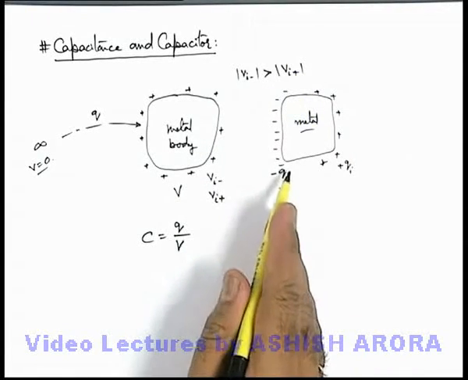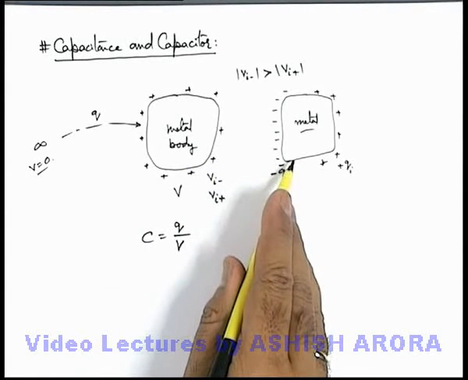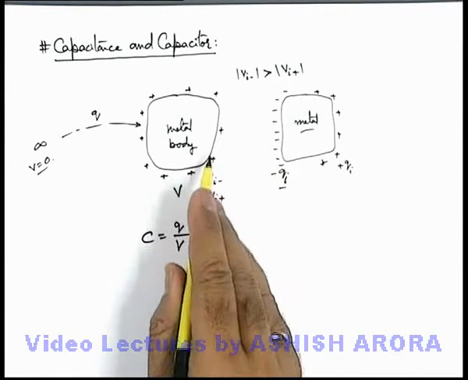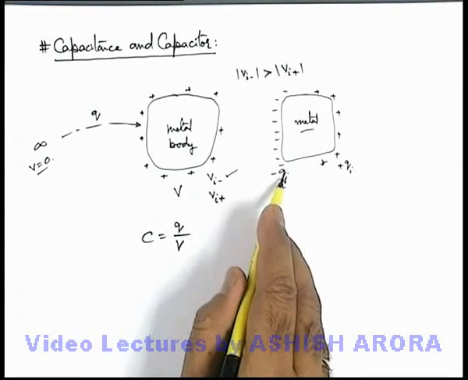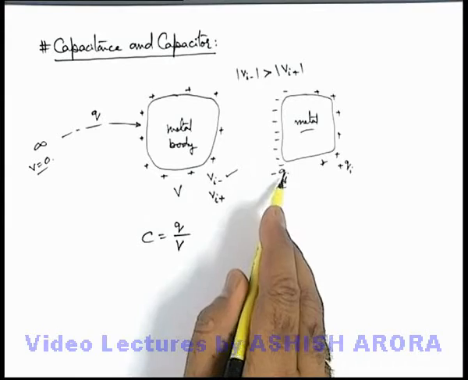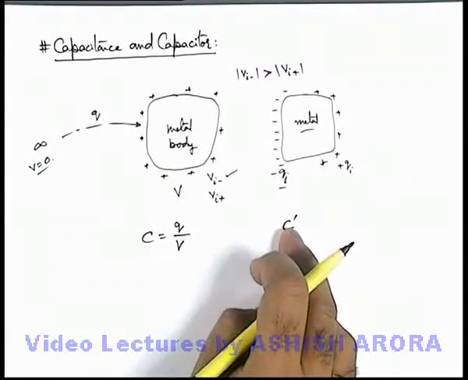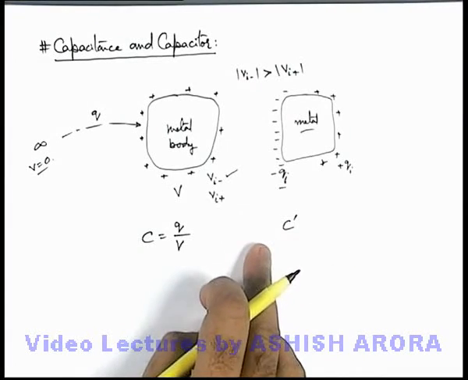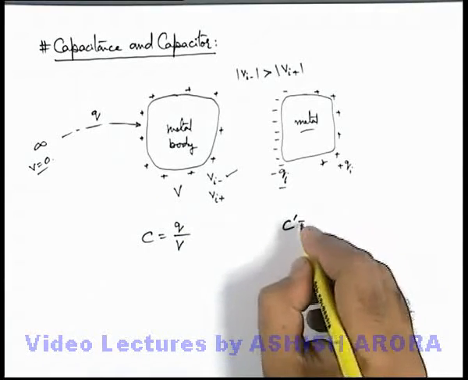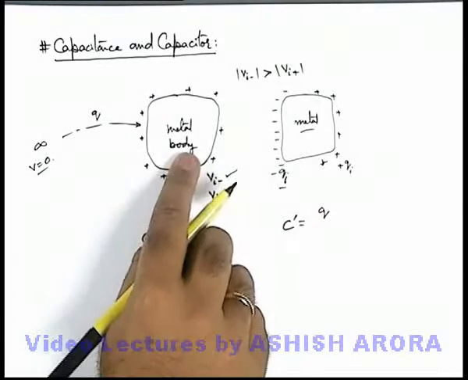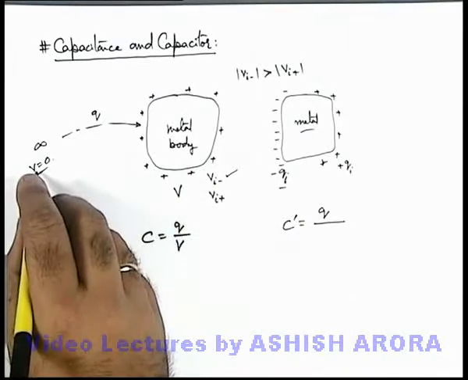So the net potential developed on the metal body due to the other body which we have placed close to it will be negative overall, because this is more in magnitude than this, because this negative charge is closer. So if we talk about the final capacitance of the system, it will be equal to the supplied charge onto this metal body divided by its potential with respect to the reference.